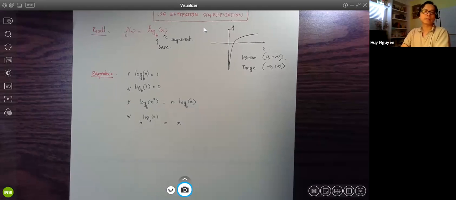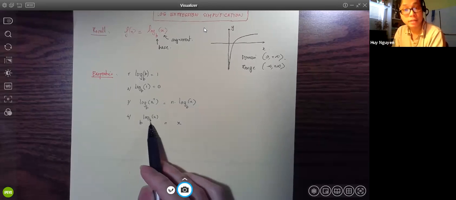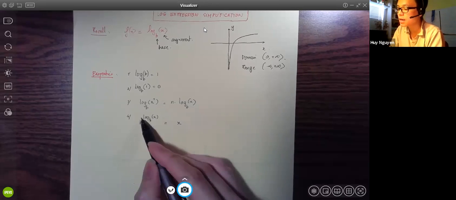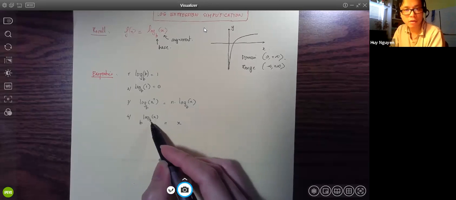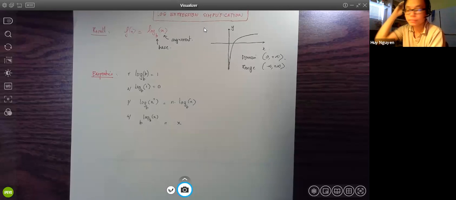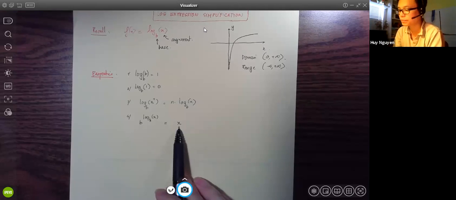Oh, I'm sorry. The b over here is not the exponent. The b over here is the base of the power. The whole thing, log base b of x, is the exponent, and b in this case is also the base of the log. Then you just cancel the b, and it turns out to be x only.